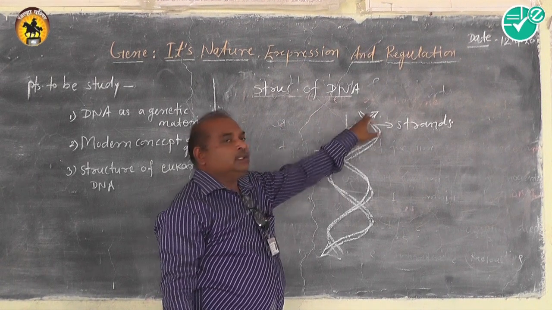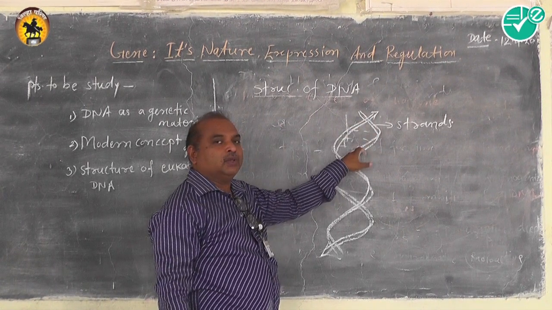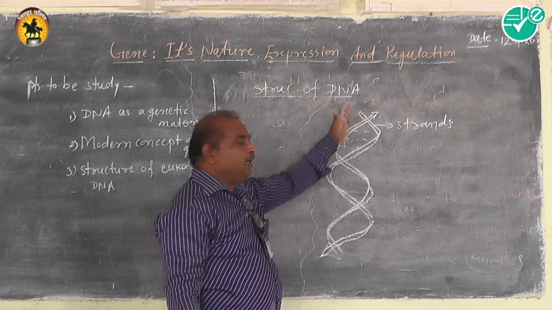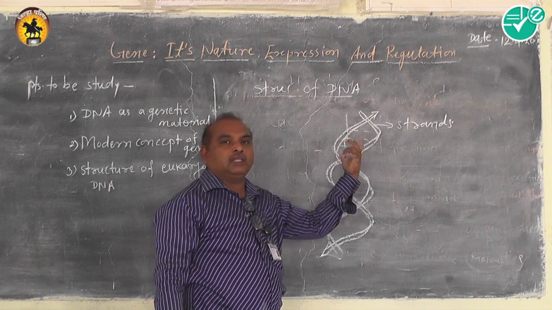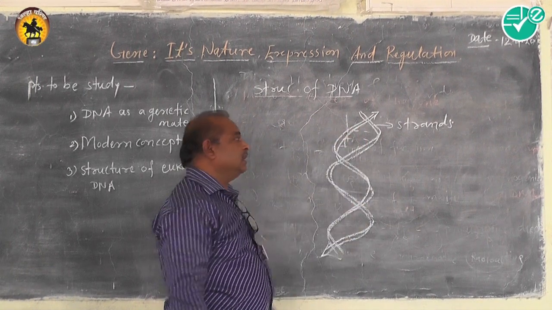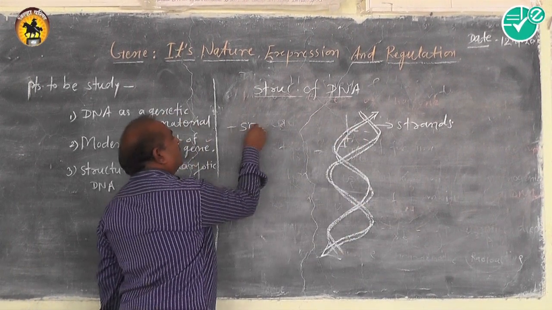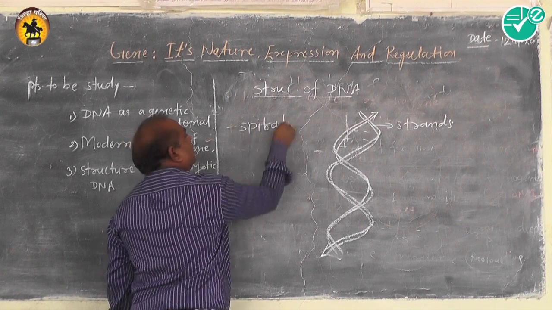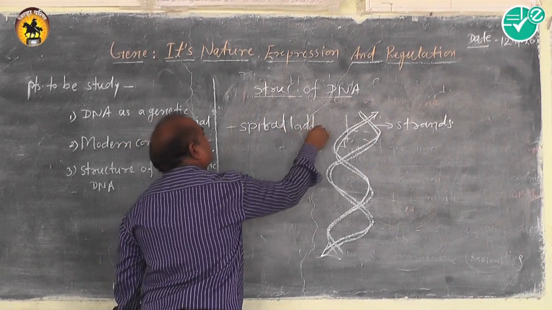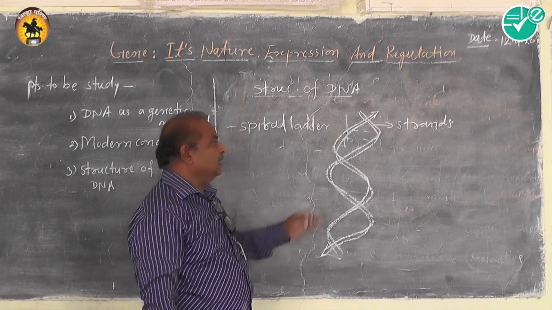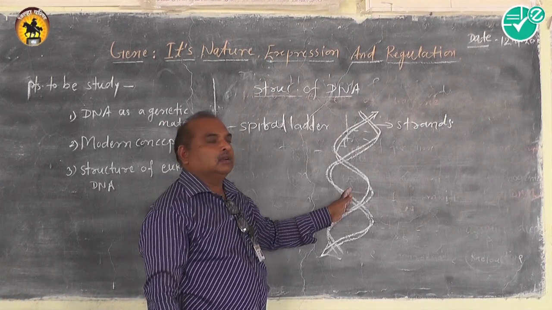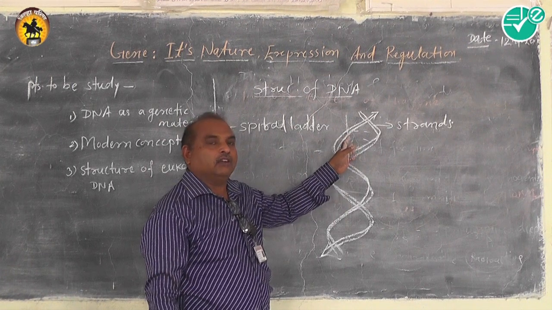Now, these two strands are going parallel to each other but twisting around some imaginary central axis. They are twisting around each other and hence look like a spiral ladder-like structure. You know, a ladder means steps we go upward. That ladder-like structure was seen by Crick and Watson.